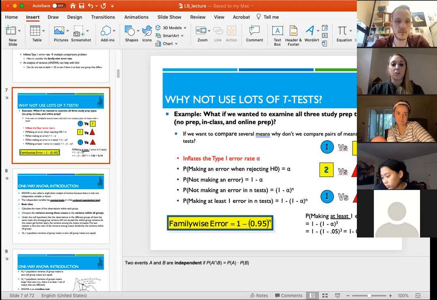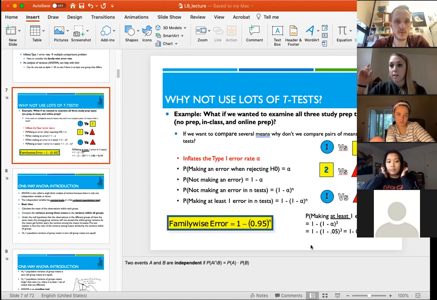So we can change the threshold and say, okay, instead of a 0.05 threshold, we want to change our threshold to, I'll show you the formula in a little bit, but you basically say 0.05 to the third power. So it'd be like 0.0025, I think, is what you eventually would end up changing your threshold to, so that whatever the critical value associated with that probability becomes the new threshold. So now you have to get an even higher t critical or t observed in order to get significance to correct for that. So that's one of the corrections that we can apply.